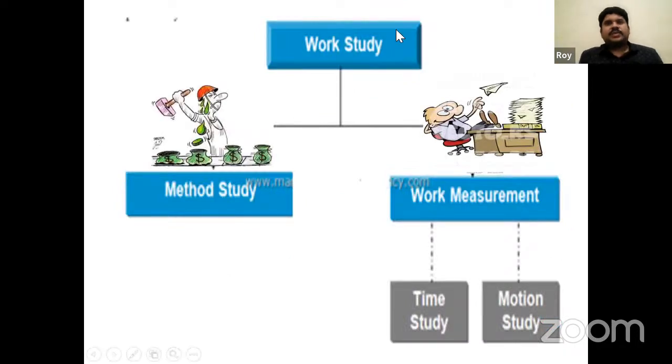For every topic, this is the thing. One is method study. Second one is work measurement. Under work measurement, two things we will study: time study and motion study. Time is the completion time. Motion means what? What is the one line answer? Activities. Wonderful, right? This is about the work study.